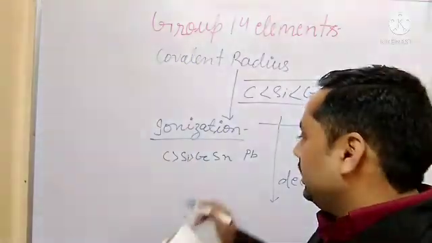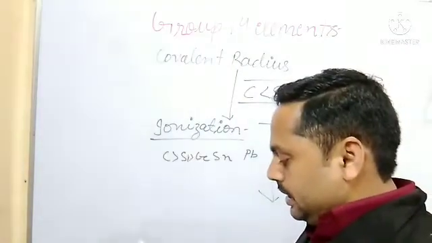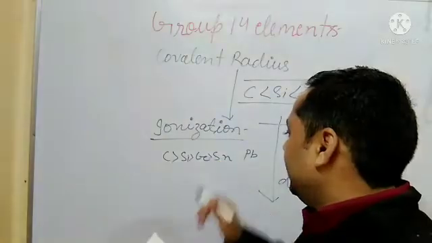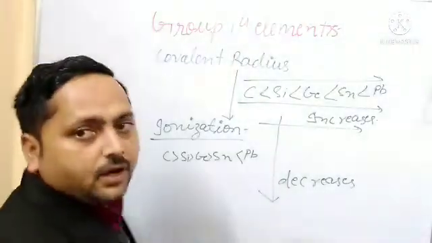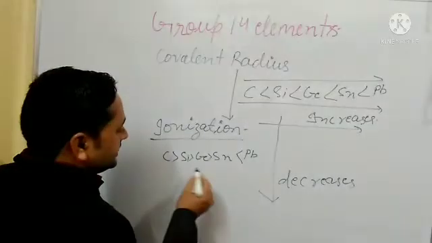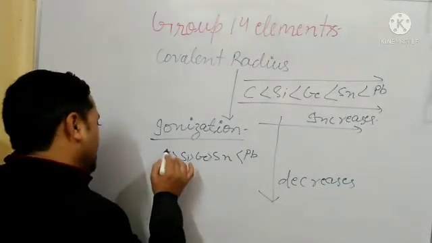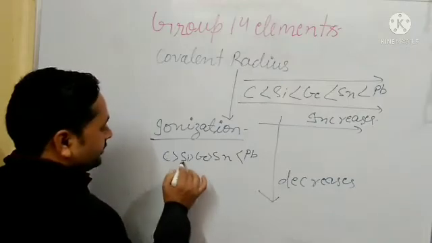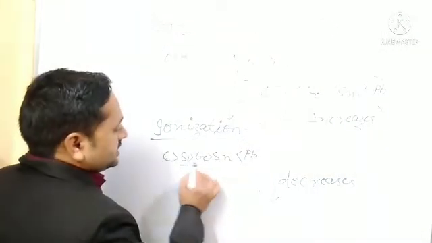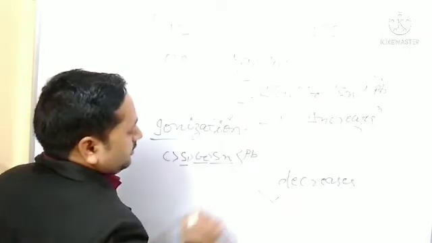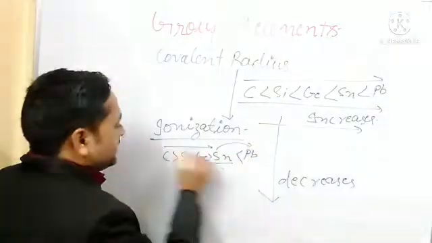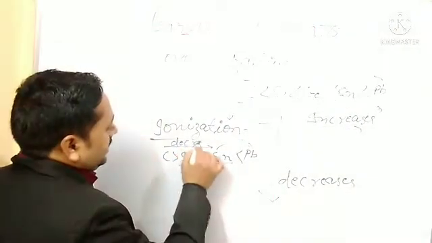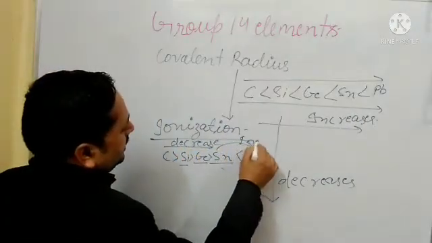Germanium is more than tin, but for lead the ionization potential is more. This is the decreasing order of ionization potential: carbon is more than silicon, silicon is more than germanium, germanium is more than tin, but from tin to lead it increases slightly or marginally.